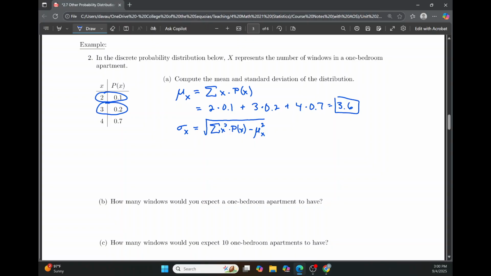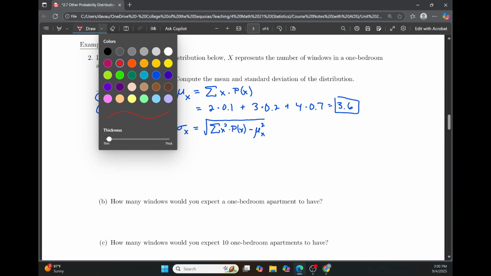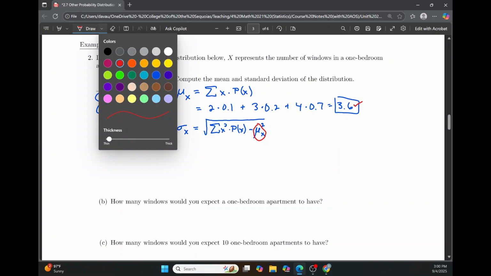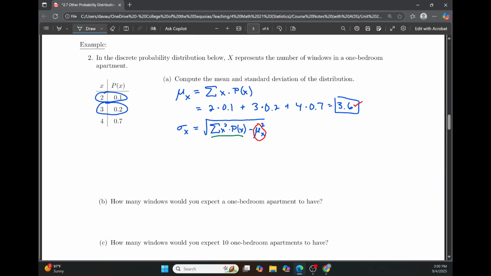The mean, this part of the formula we already know, it's 3.6. We'll just have to square that value, but this part of the formula we're going to need to figure out. So let's do that scratch work, and then we can come back and plug some stuff in.